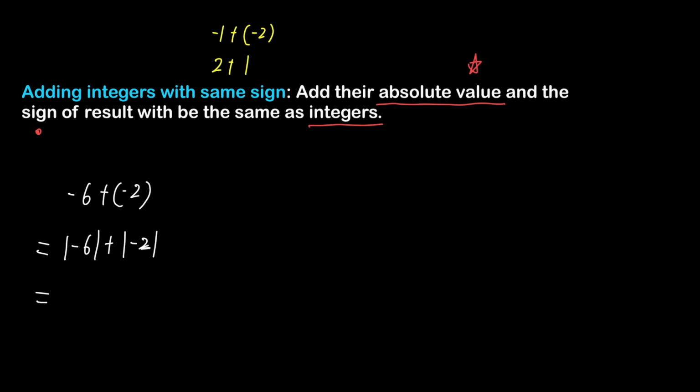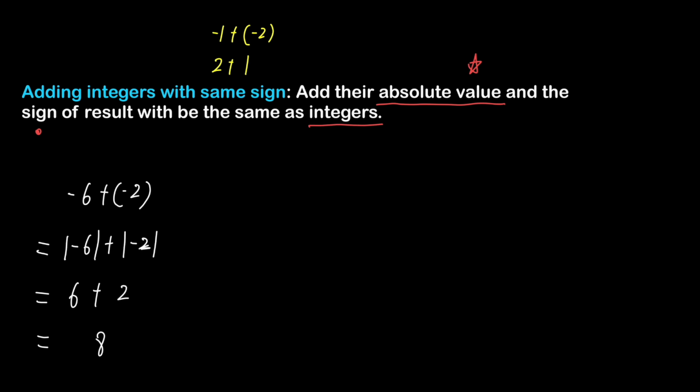So in this case, absolute value of -6 is 6. And same thing here, it is 2. And 6 plus 2 is 8. But we're not done yet.